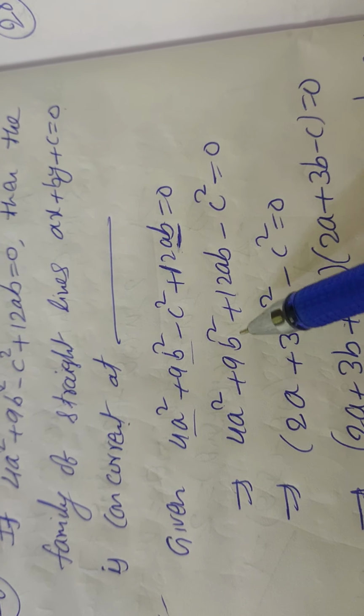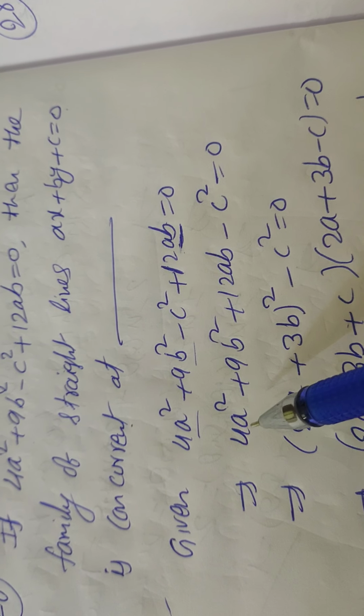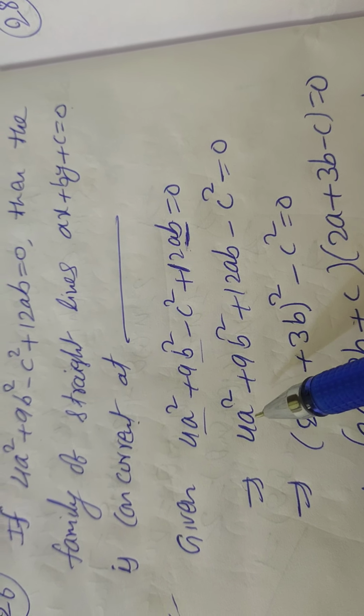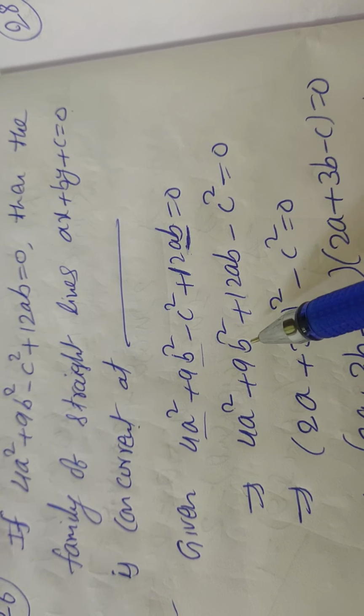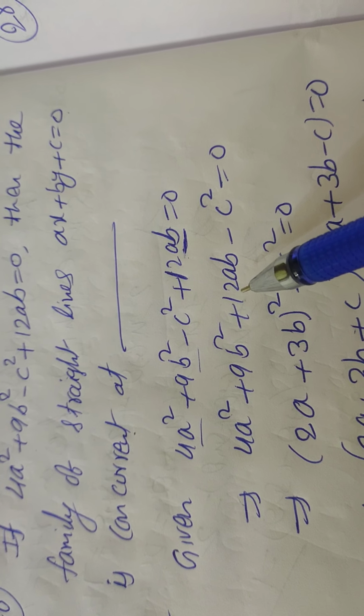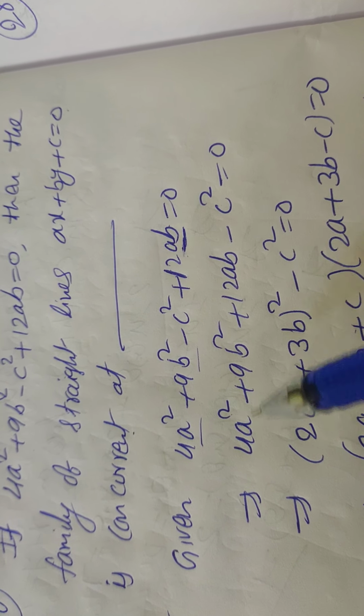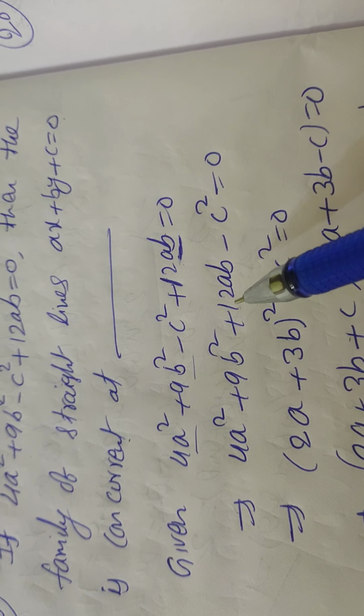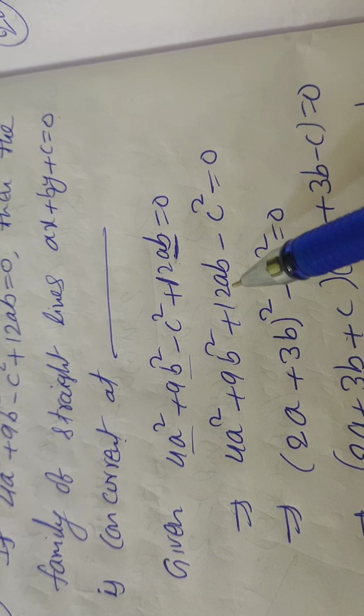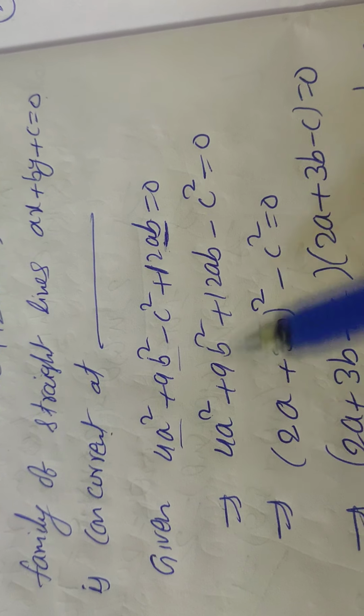So 4a square plus 9b square plus 12ab you can write as: 4a square means 2a whole square, this is 3b whole square, and this we can write as 2 times 2a into 3b. 2 times 2a into 3b means 2 2s are 4, 4 3s are 12 into ab.